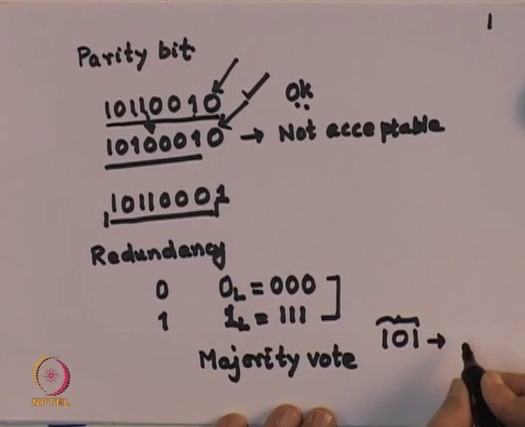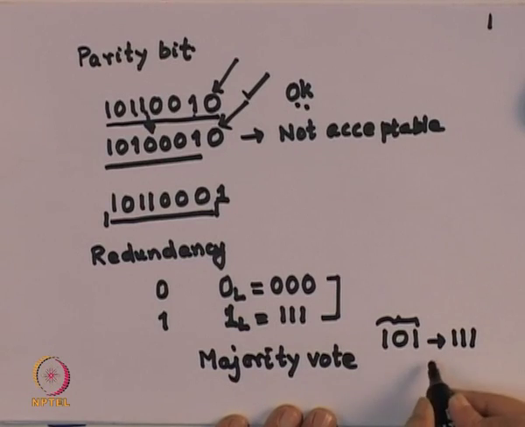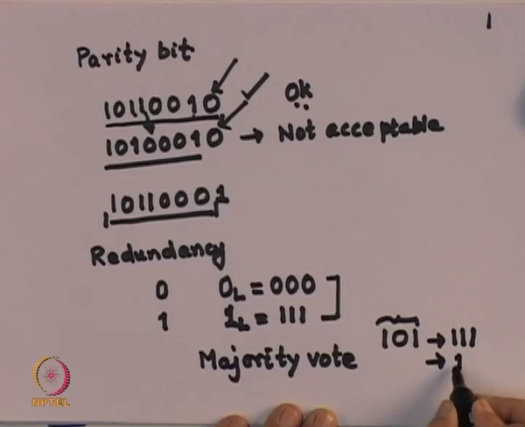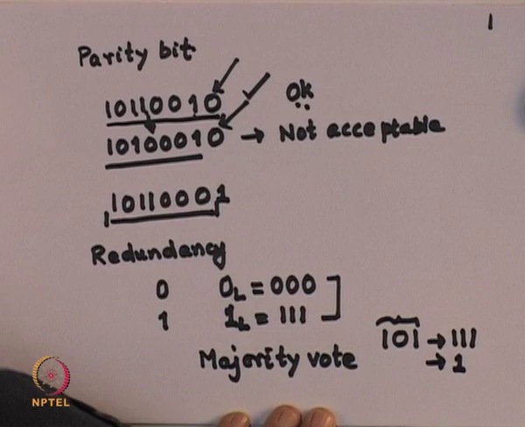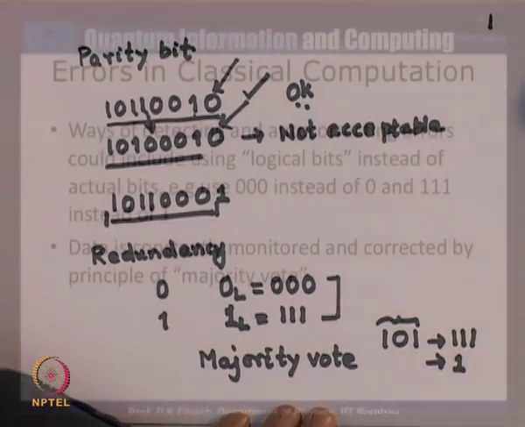So I know this should have been 1, 1, 1 logical, which corresponds to the bit 1 which was originally intended. A very simple procedure, and it's workable.